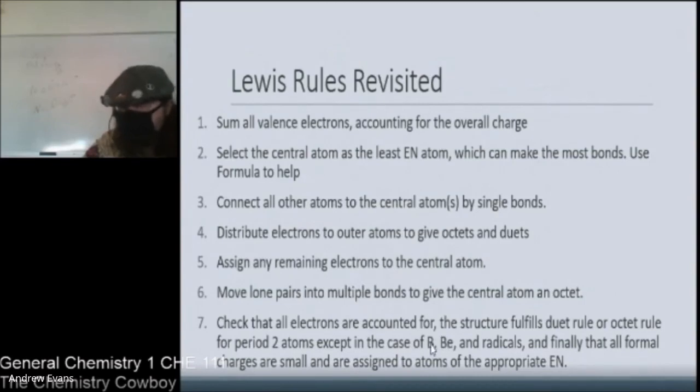In the case of boron, beryllium, or nitrogen, sometimes you're going to have less. If it's period 3 or below, it can have greater than an octet. And finally, we're going to check that all formal charges are small and assigned to atoms of the appropriate electronegativity. So we want a structure that has the least formal charges.